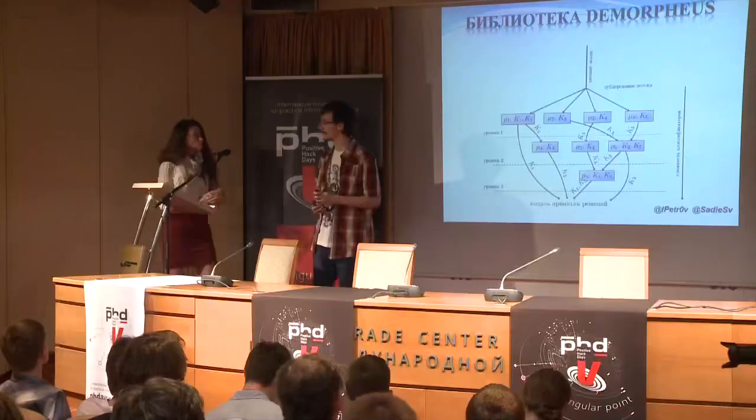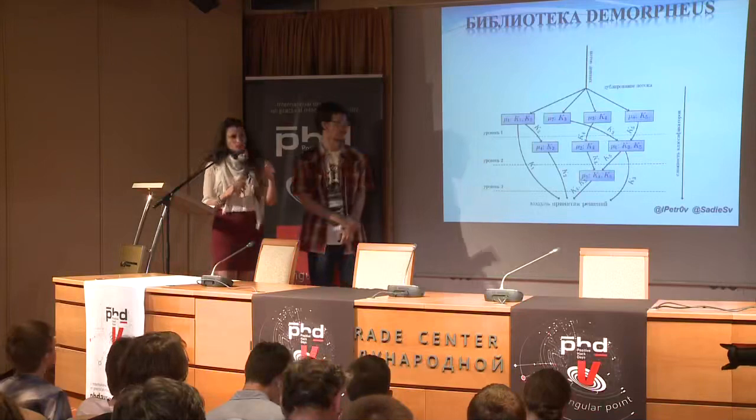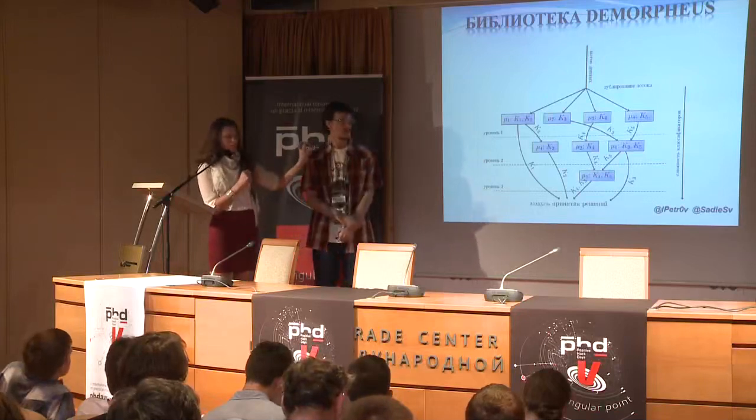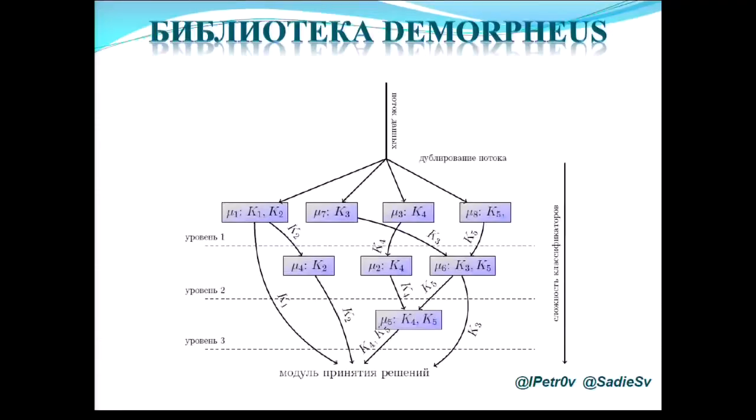Right now I would like to tell you about the previous work we have done. I will be brief, because I have already told you about that. We have a certain set of detectors and signs which are able to discover shellcode signs in the input data. We put them in a certain topology which allows us to effectively separate legitimate traffic from potentially malicious traffic.